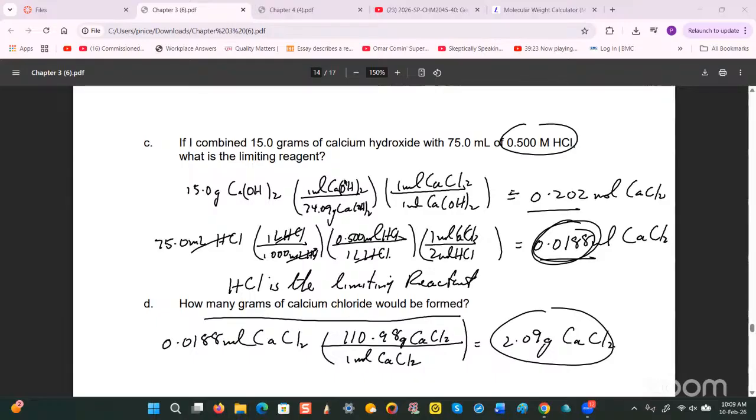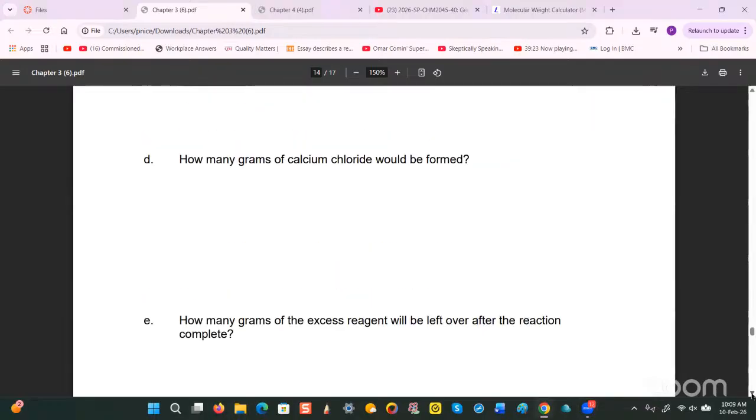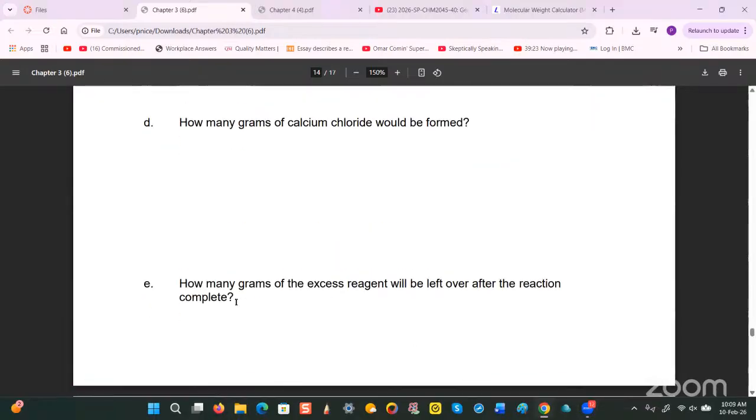Okay, let me go ahead and clear this and scroll down. Oh, here's an E part. How many grams of excess reactant will be left over after the reaction is complete? This is kind of similar to one that we did before. I don't remember which one it was, but basically what we have to do is start off with the limiting reactant.